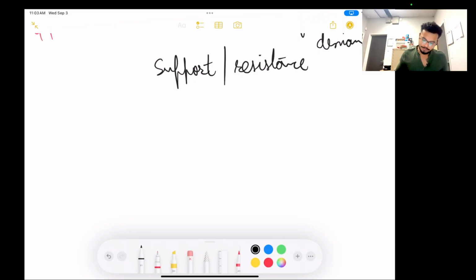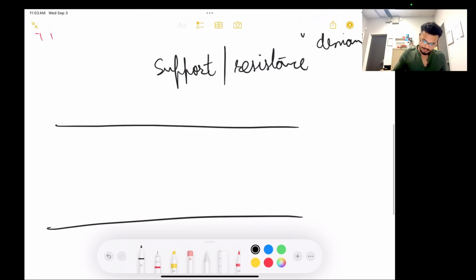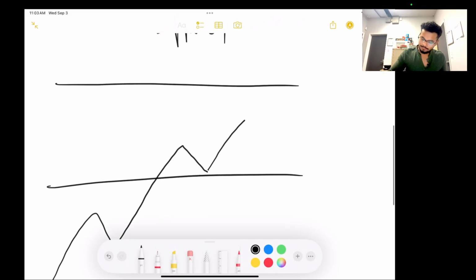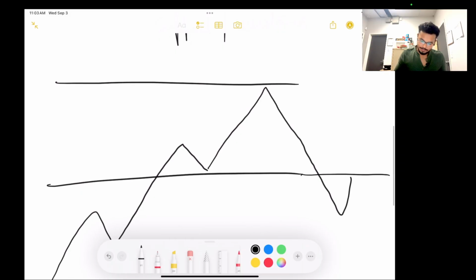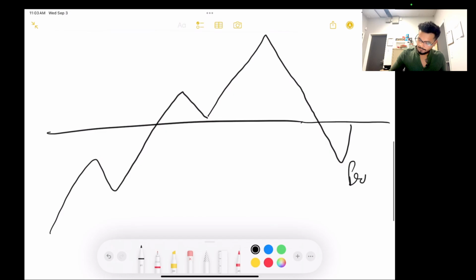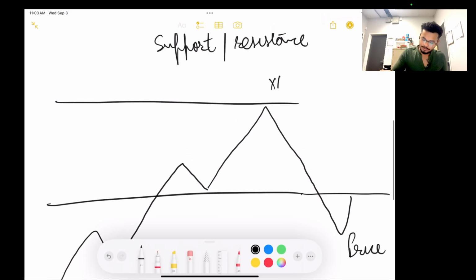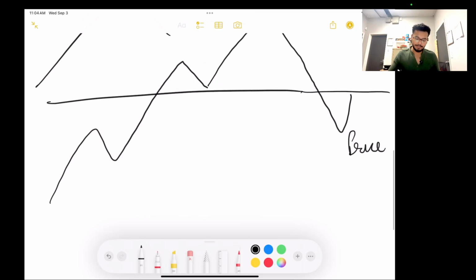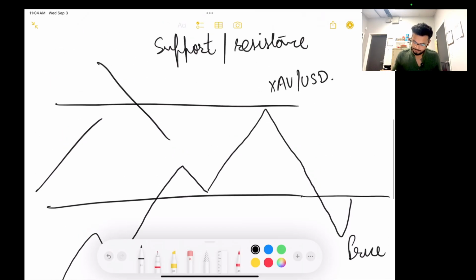The best way to put it is in floor and ceiling. So let's say the price has been moving somewhat like this. Breaks out and goes in again. Okay, so this is price XAU USD, and when the price moves, it doesn't just shoot up or down, it moves in a pattern of this sort.